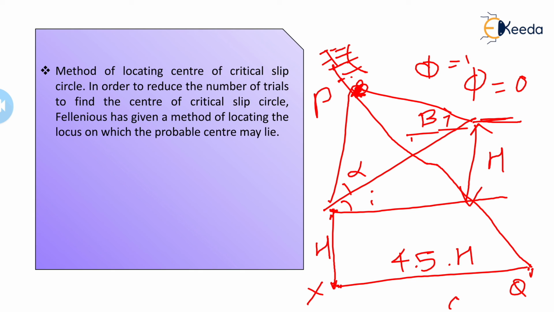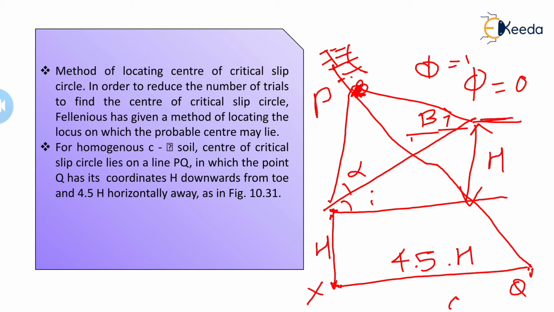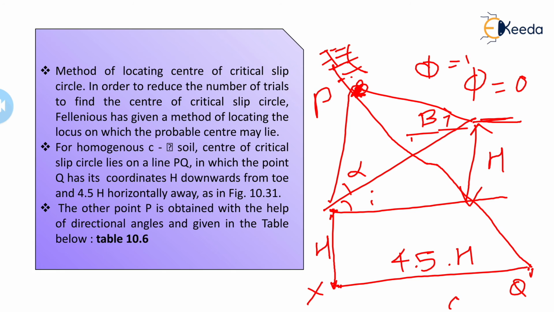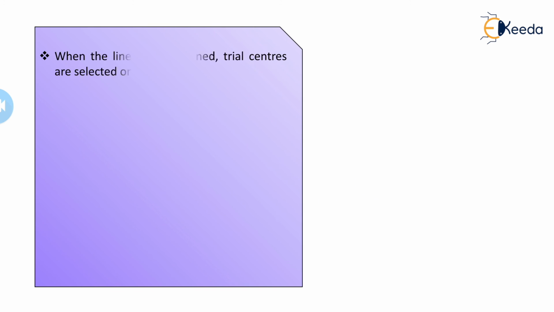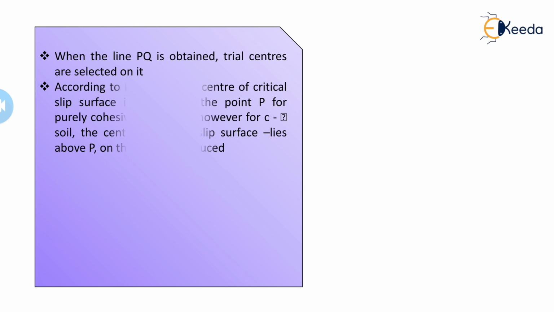The Fellenius method is used for locating this slip circle center. Some slopes and directional angles are given in degrees. For the upstream section, these angles are used for locating the upstream section line.